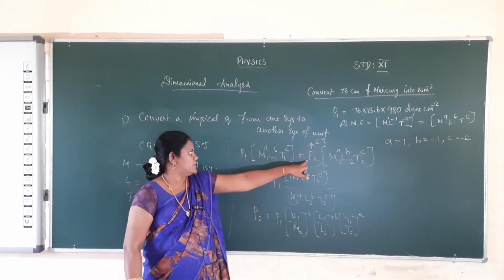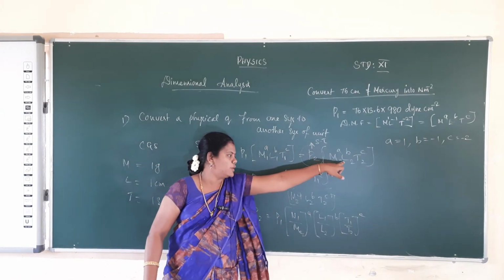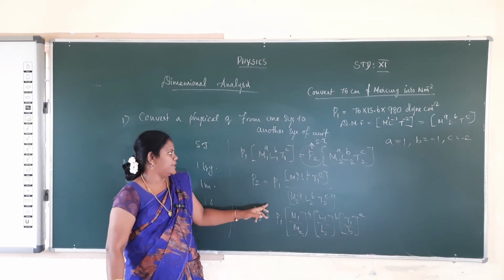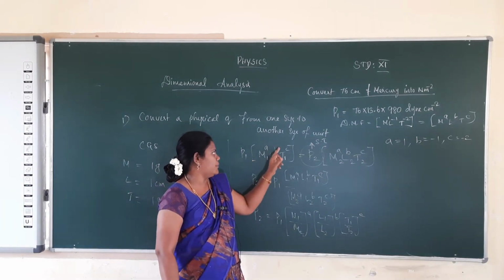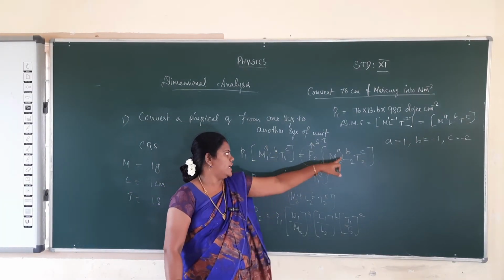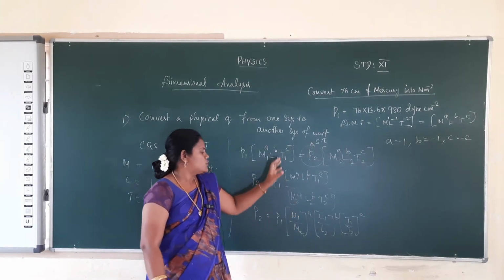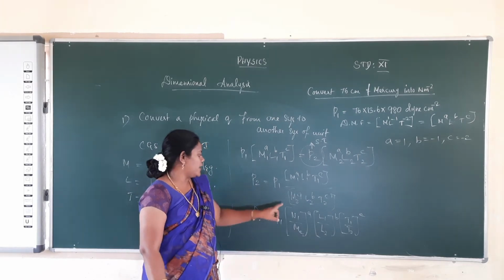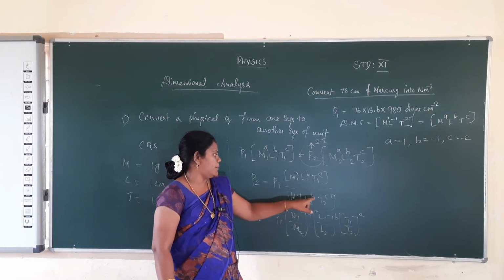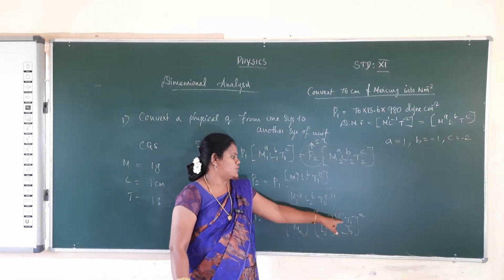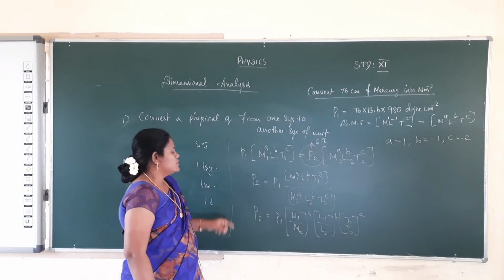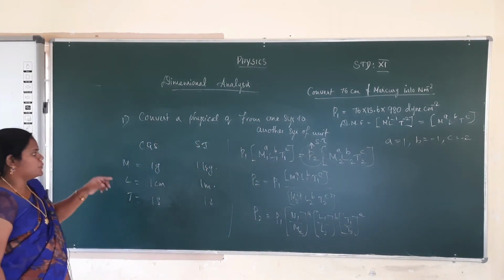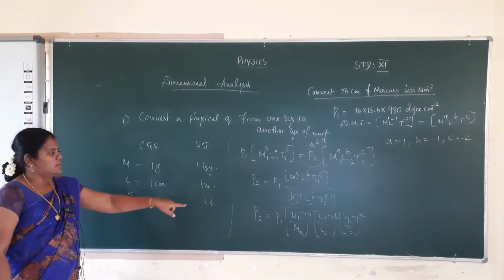P1 you take on one side, and M2 L2 T2 is taken as the denominator part. So M1 power A, L1 power B, T1 power C by M2 power A, L2 power B, T2 power C. Taking A common, B common, C common, so M1 by M2 the whole power A, L1 by L2 the whole power B, T1 by T2 the whole power C. Clear that? So substitute the M1 value, L1 value, T1 value in the equation.